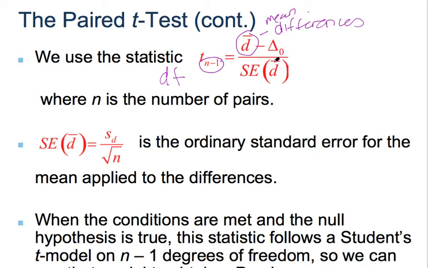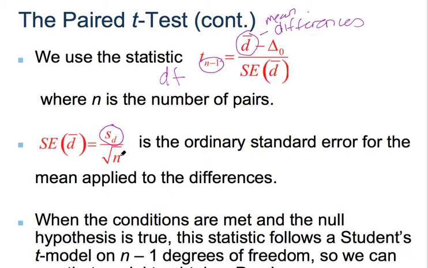Notice these are looking exactly the same as what we've done with the z-score and the t. You just have to make sure that you are choosing wisely with what test you're going to use. And remember, n is the number of pairs. So the standard error, again, is going to be the standard deviation we find with the sample, and you'll find that on your calculator. And again, I have some screenshots later that will go through this with you.